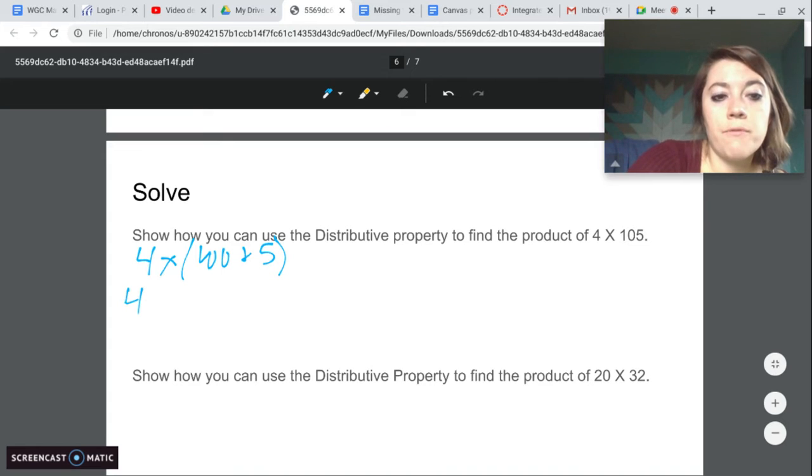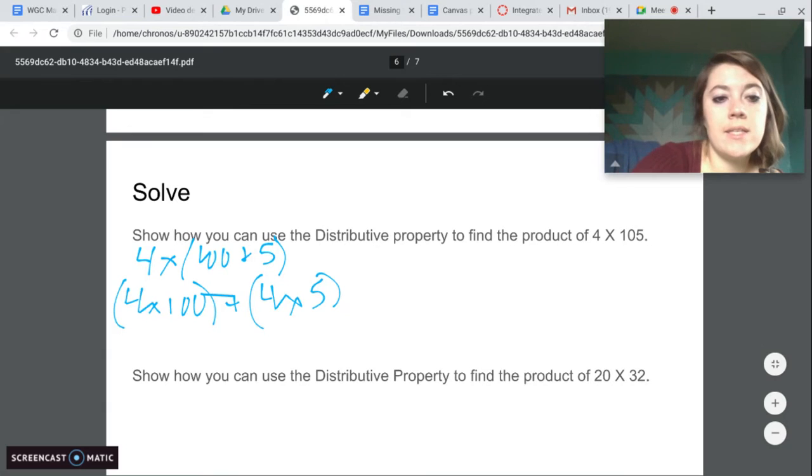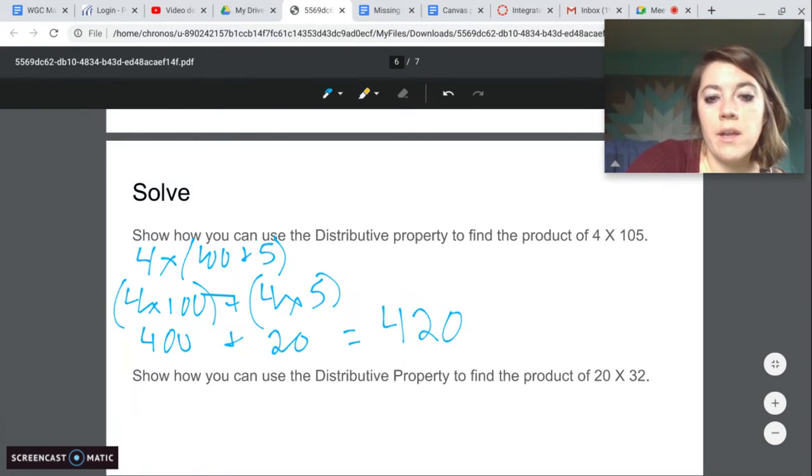So then we split it 4 times 100 plus 4 times 5. 4 times 100 is 400 plus 4 times 5 is 20. We add those together and we're going to get 420.